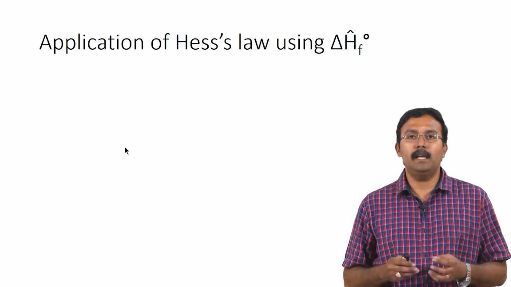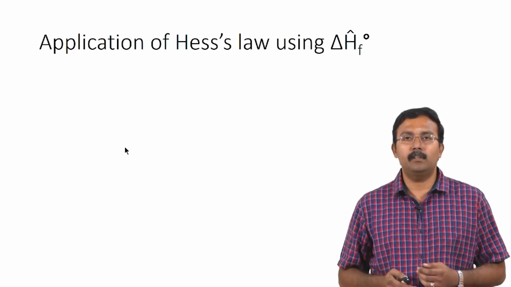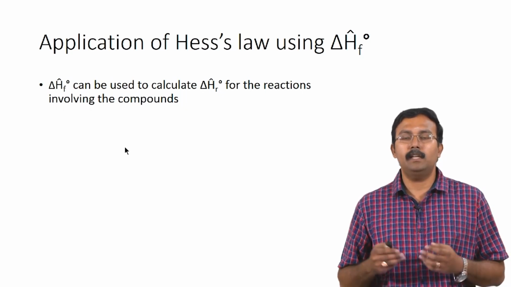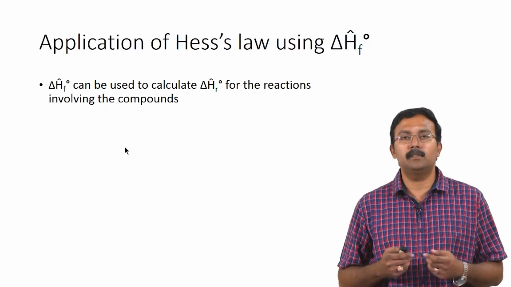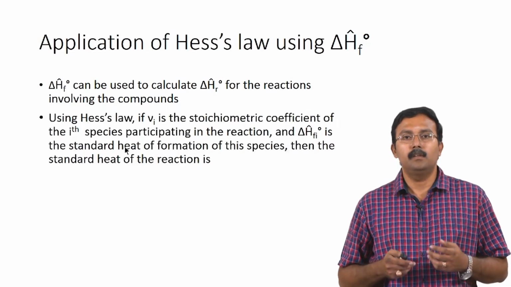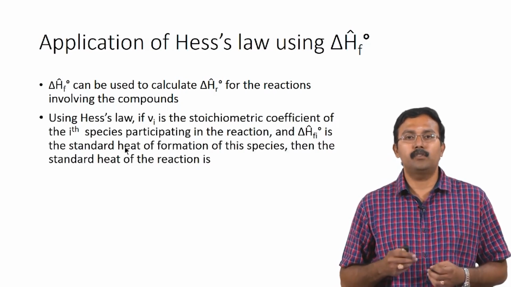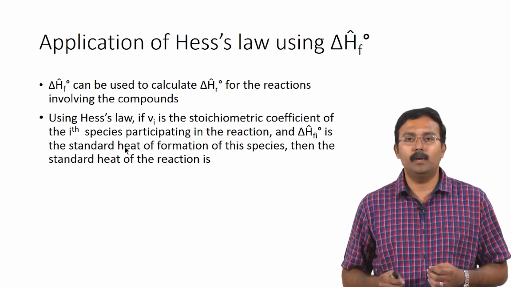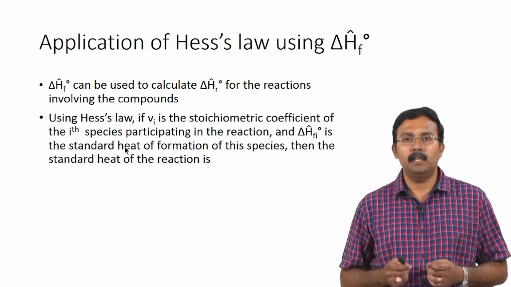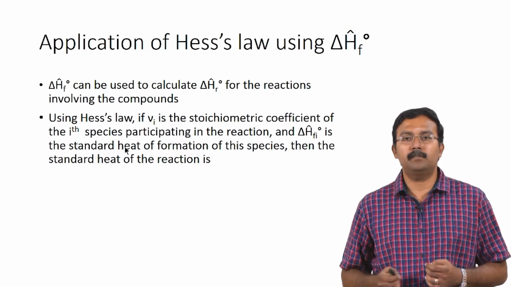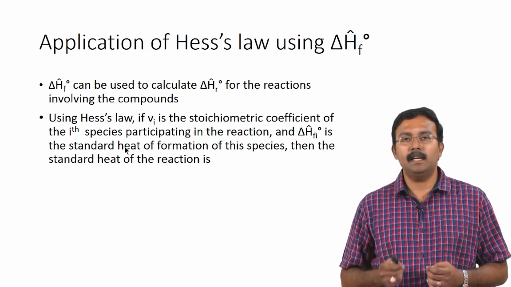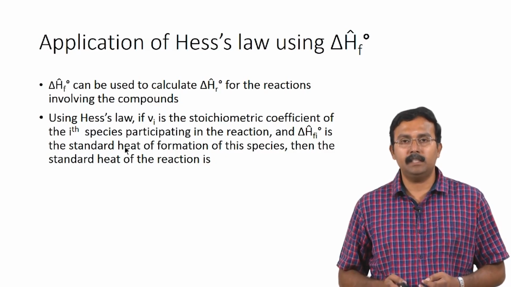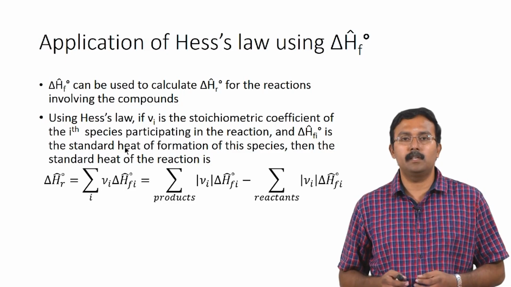How do we apply Hess's law when we have heat of formation? Heat of formation can be used to calculate heat of reaction for any reaction which involves compounds. Using Hess's law, if the stoichiometric coefficient of the ith species is given as nu i, and the standard heat of formation of the species is given as delta H cap F i, then the standard heat of reaction can be calculated using this equation.